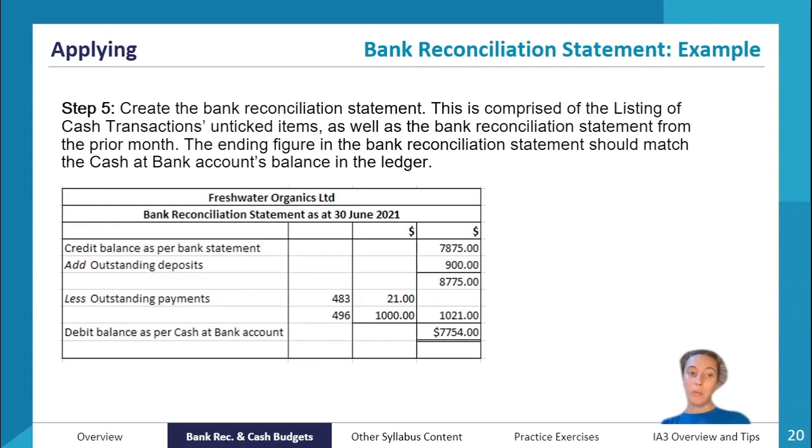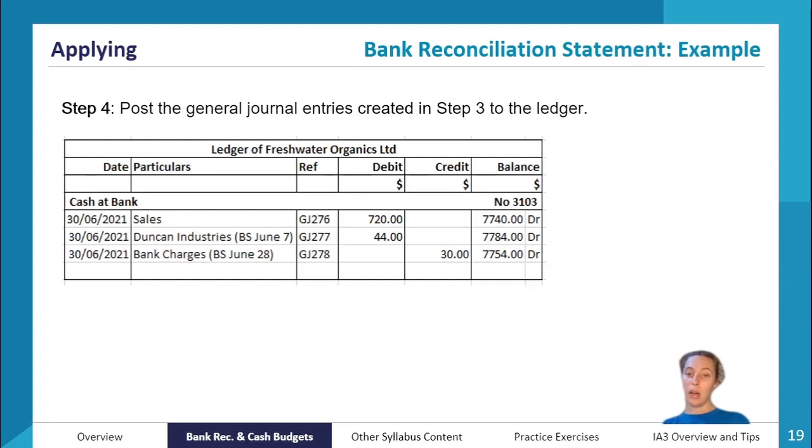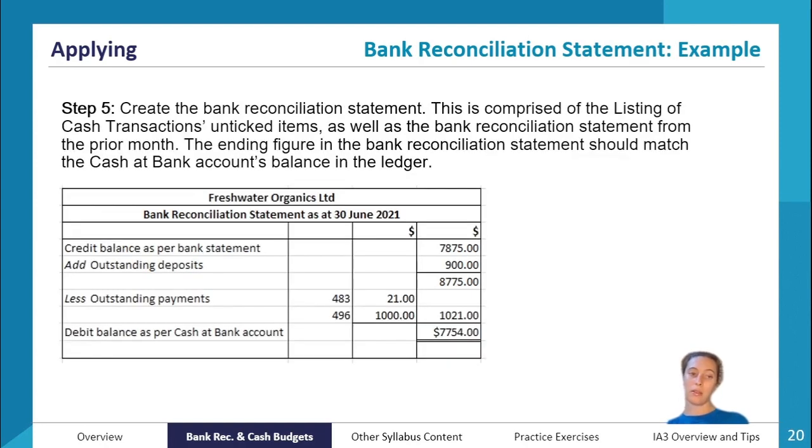Now, in this case, we've got that credit balance in the bank statement and the debit balance in the cash at bank account. So we could see previously we had that debit balance. We could see from that extract of the ledger, 7,740 debit. And that immediately tells us what we then put into this bank reconciliation statement as well.